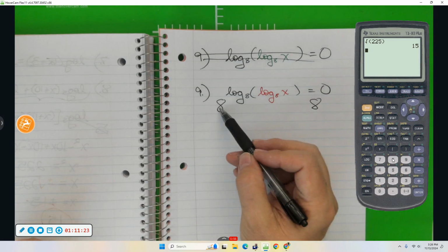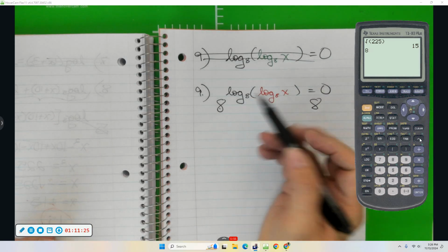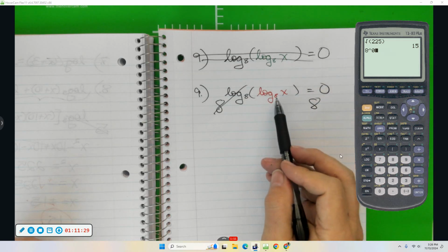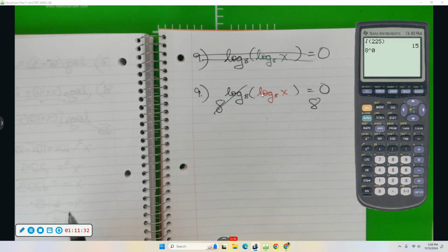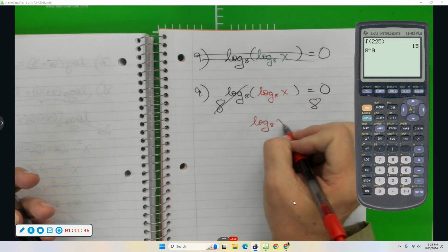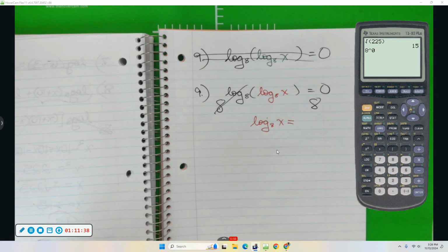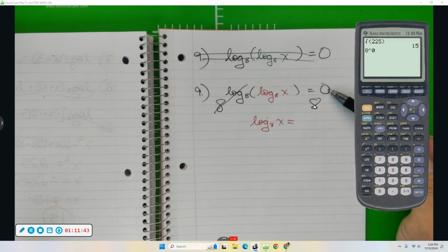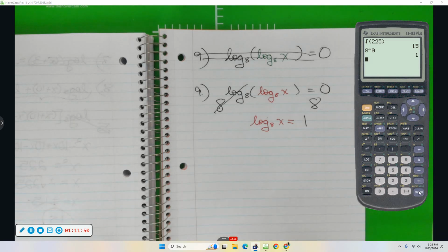And then 8 to the log base 8, they're inverse functions, they cancel out, leaving you that red stuff that just drops down. Log base 8 of x equals, what have we got on the right side? Be careful. 8 to the 0 power, be careful. 1, okay, good. 8 to the 0 power is defined to be 1.